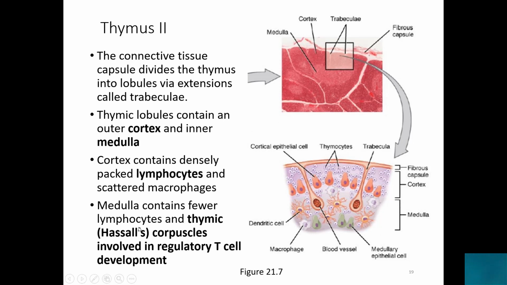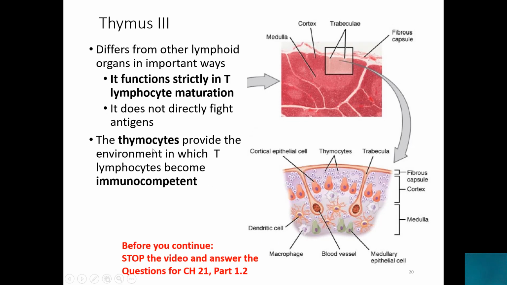In the medulla, there are fewer lymphocytes, but there are special corpuscles called thymic or Hassall's corpuscles that are involved in regulatory T cell development. So that's where development of T lymphocytes mostly happens, in the medulla.